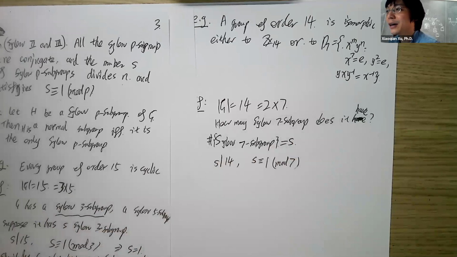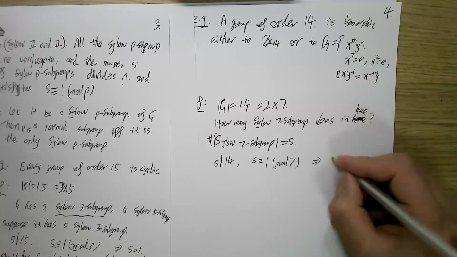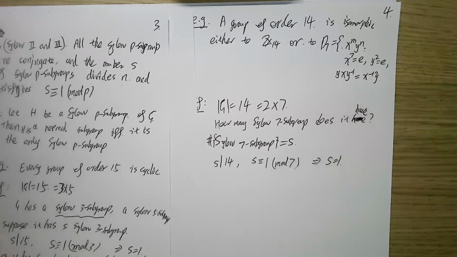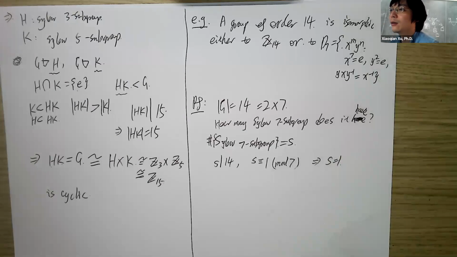What kind of s could you have? Only one? Yeah, you have only one Sylow 7-subgroup, and it's actually normal, right?